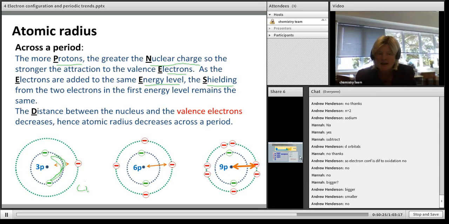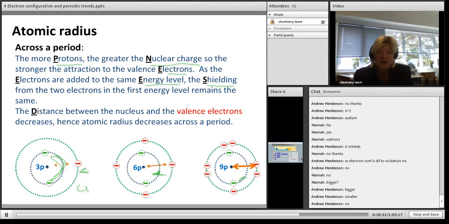Look at how many energy levels are between the valence energy level, which is the outermost one, and the nucleus. In this case, I've got one energy level, the first one, that's shielding. And in this example, I've also got exactly the same amount of shielding.